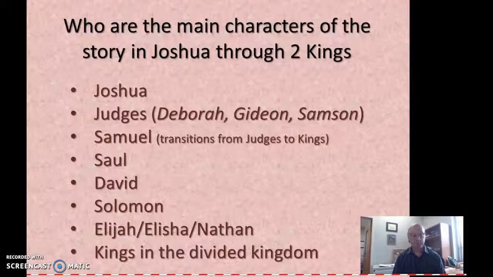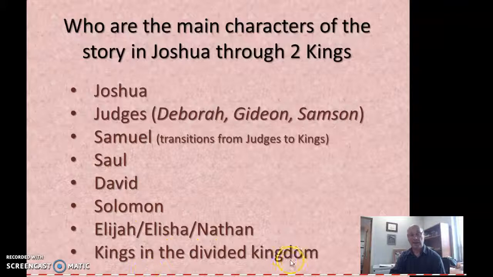But then as we move to Samuel, you'll see him as a judge in the book of 1 Samuel, and he appoints Saul as the first king, David as the second king, and then as David comes to the end of his life, Solomon comes after kind of a war with his brothers about who's next. But in addition to these kings, Saul, David, and Solomon, you also see the rise of prophets, and these are the prophets who speak truth into the kingship.